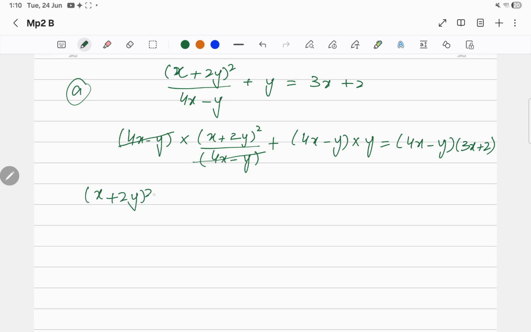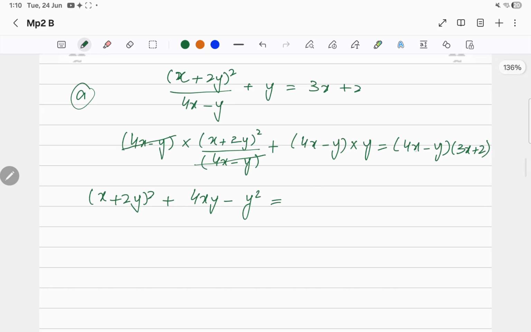plus, if you take y inside, 4xy minus y squared, equals, if you do the term by term multiplication over here, 4 times 3 is 12x squared plus 4 times 2 is 8x minus 3xy minus 2y.